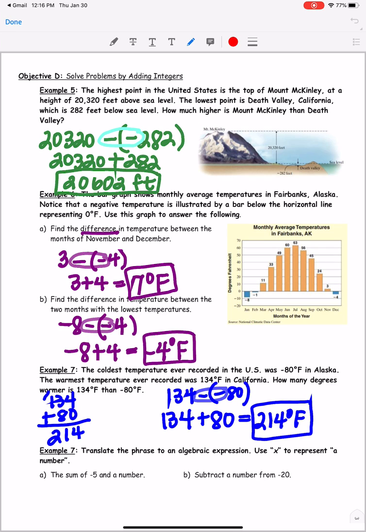And then last one, translate the phrase to an algebraic expression. We're going to use x to represent a number. So we have the sum of -5 and a number. The sum means to add. So add -5. And then we're calling a number x.